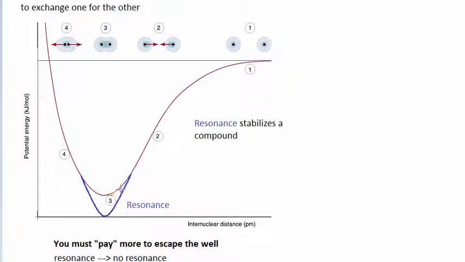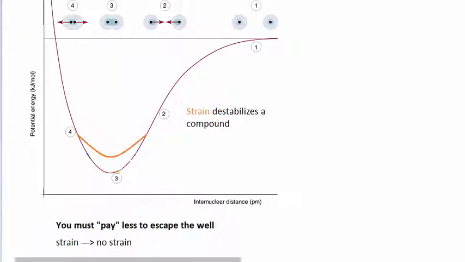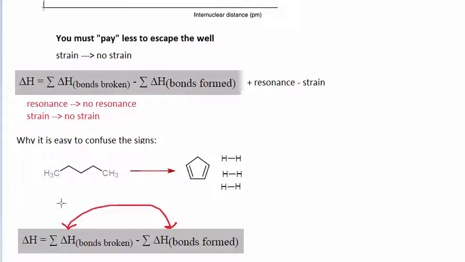You could understand why, if your energy well gets deeper, you need to pay more to get out, and if your energy well gets shallower, you need to pay less. So I would say understand this equation, where you're going from resonance to no resonance and strain to no strain. And then if your reaction changes, you'll know whether to flip the sign here or flip the sign here.